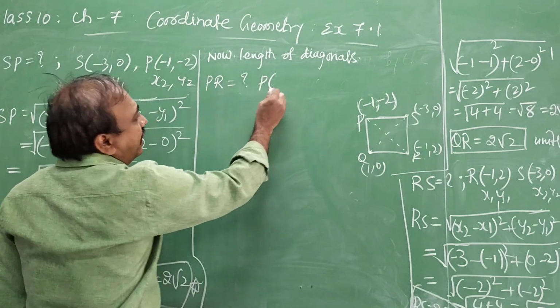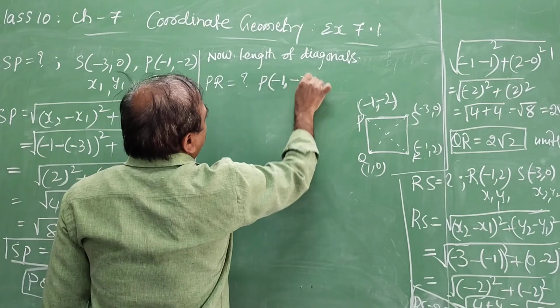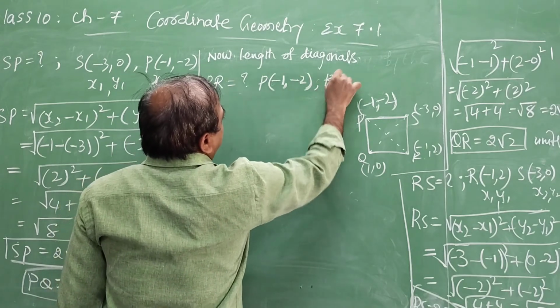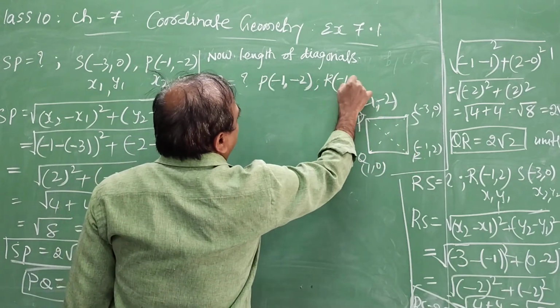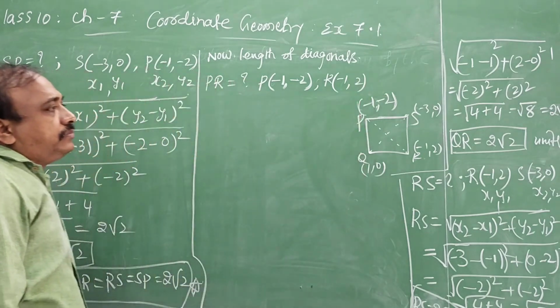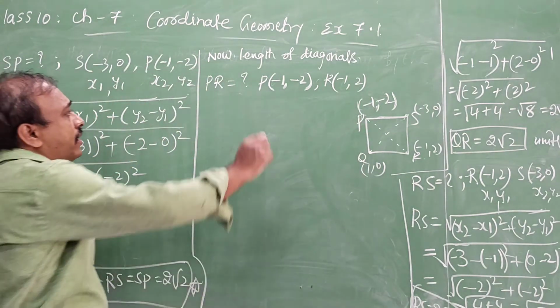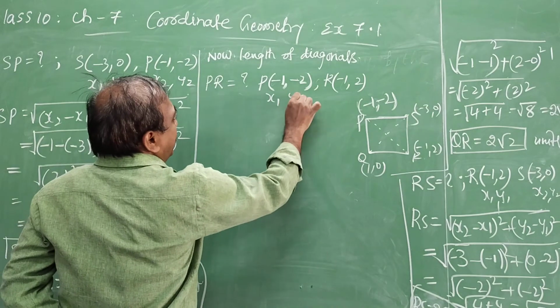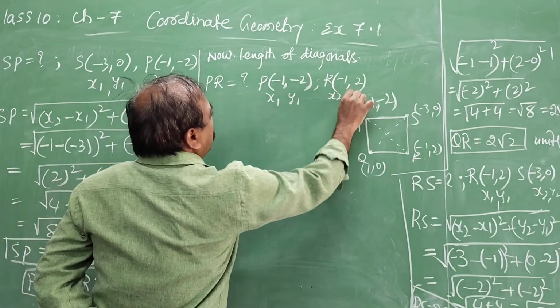P coordinates are minus 1 comma minus 2, and R coordinates we have minus 1 comma 2. So x1, y1, x2, y2.